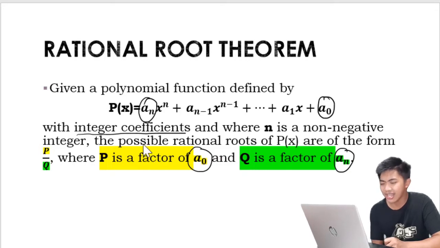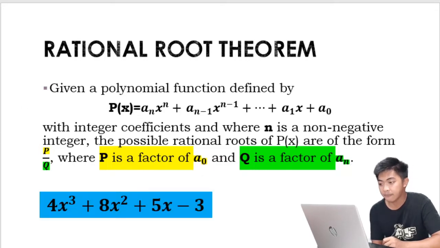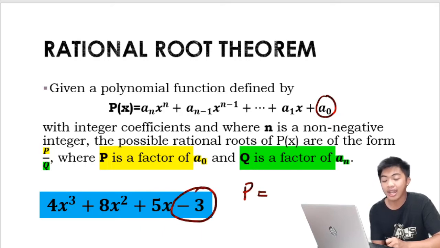So let's have an example. Let's say we have this polynomial. I-identify natin yung p and yung q. So, ang p natin dito is a factor of a sub 0. Ulitin ko, ang a sub 0 ay yung constant term. So, ang constant term naman natin dito ay negative 3. So, ano ba yung mga factors ng negative 3?